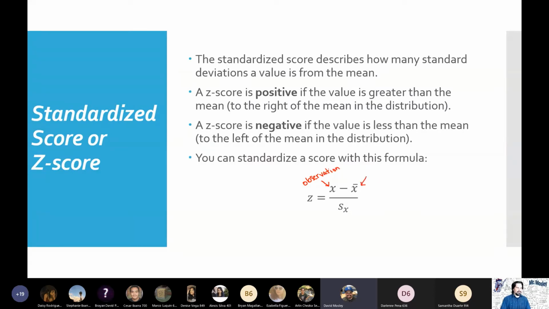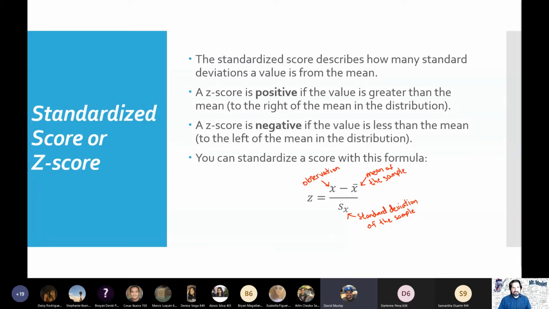X bar is the mean of the sample. And s sub x is the standard deviation of the sample. And z is just the letter we use to represent our standardized score.